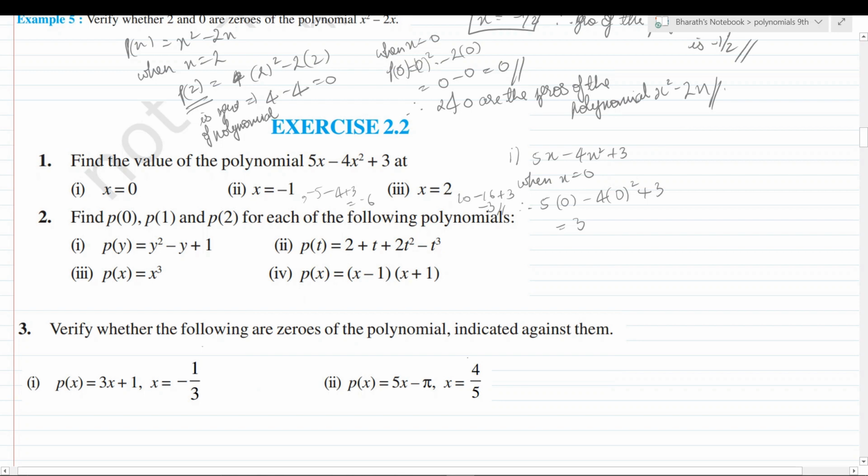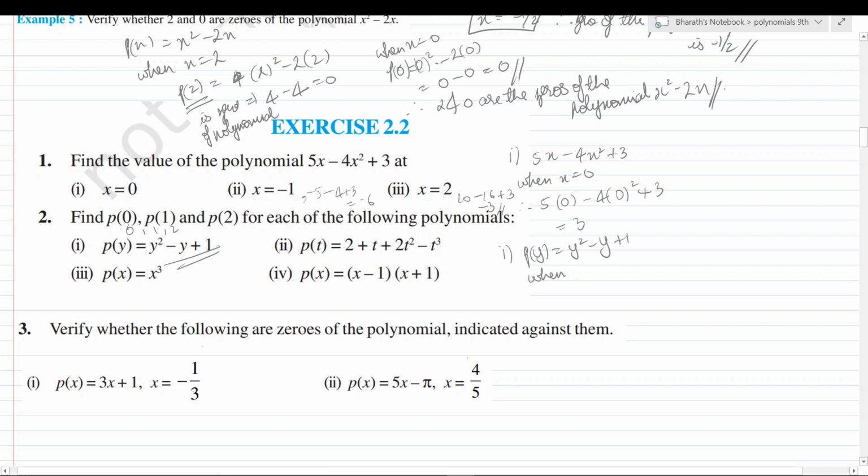Here you just have to put the y value as 0 and 1 and 2, then you get the final answer. Write it. I'll be doing just one question, the next question you should do on your own. P of y is equal to y square minus y plus 1.